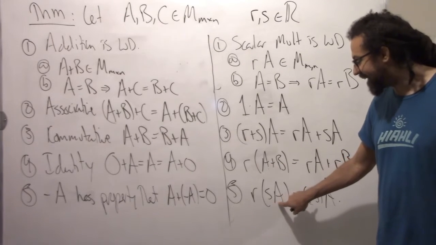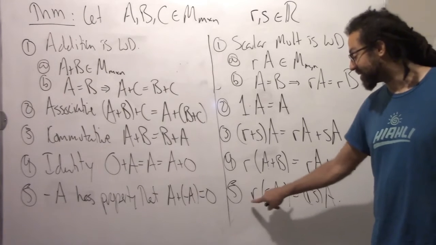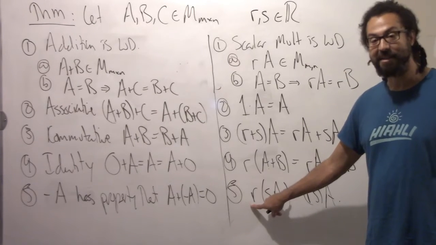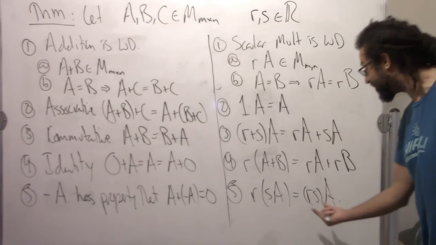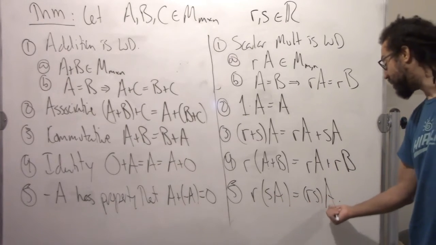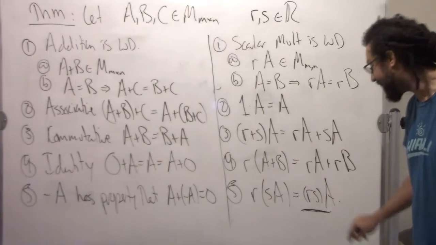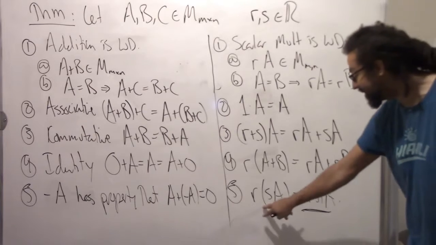It says if I take A, scalar multiply by S, and then take that new matrix and scalar multiply by R, that's the same thing as if I just multiply the scalars together first and then multiply by A. So it seems like this thing might be a little bit easier to do than this thing.